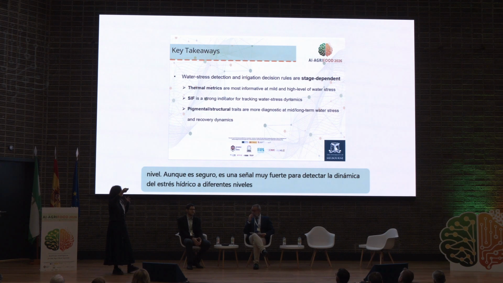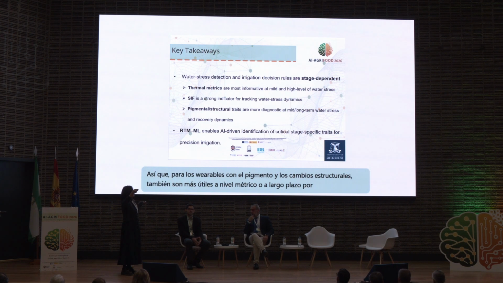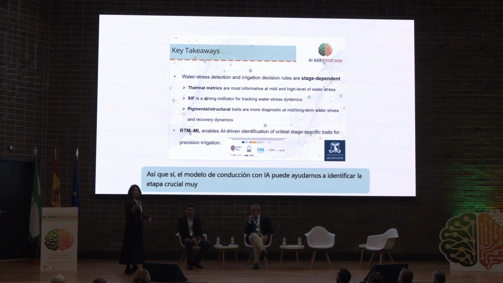So for the leaf biochemical, pigment, and the structural changes, they are more useful at the mid-term or long-term water stress as well as the recovery stages. So yes, the AI-driven model can help us identify the crucial stage-specific traits for better irrigation strategy.